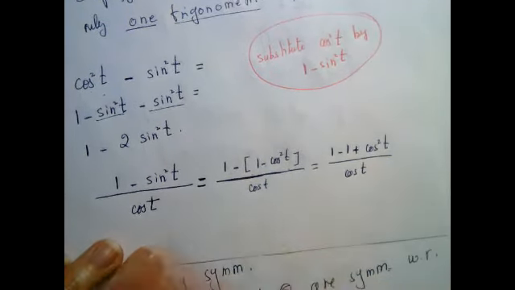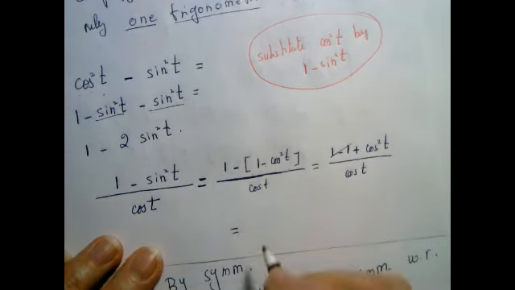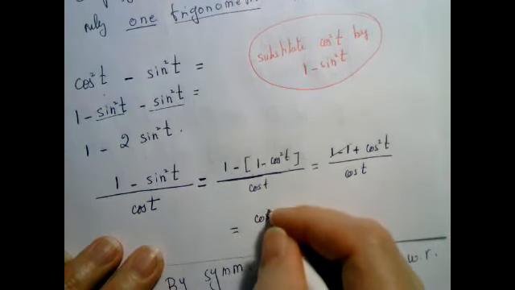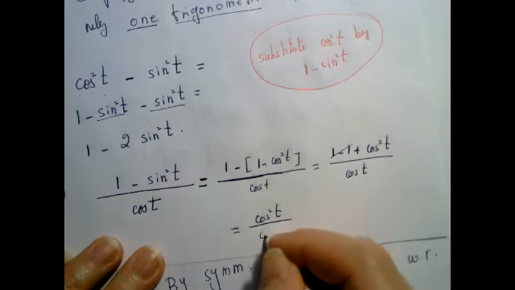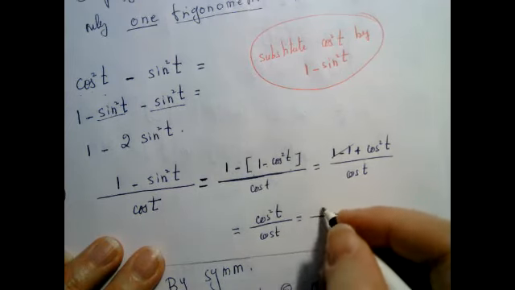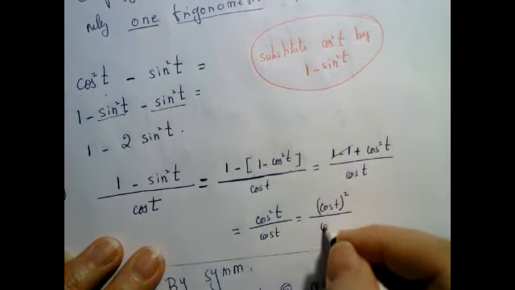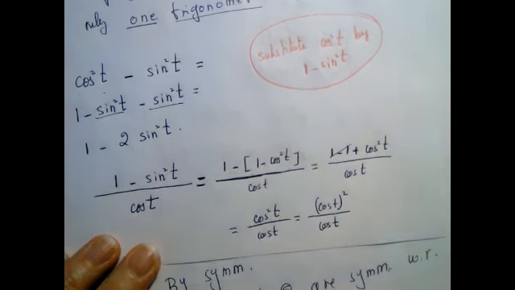All right. So the idea is just to use them. Plus 1 minus 1 cancel each other. I will have the cosine square of t over the cosine, which is equal to, now cosine square is cosine t to the power 2. That's really what it means.